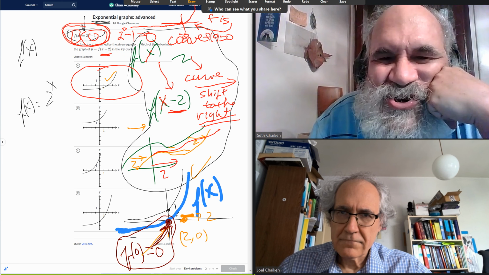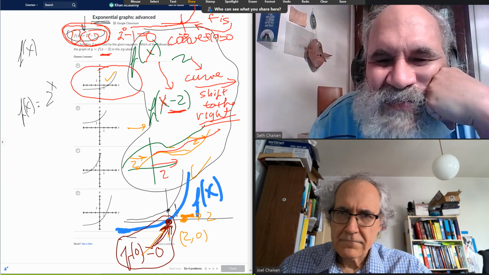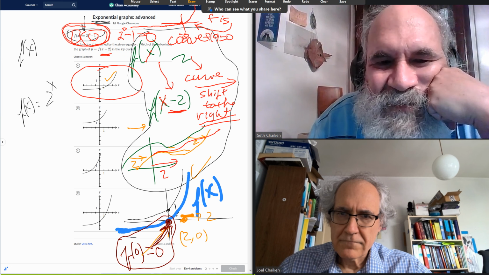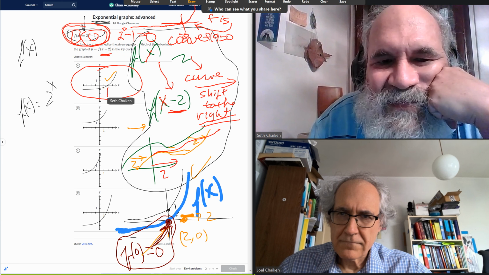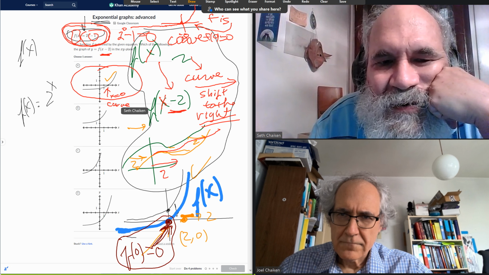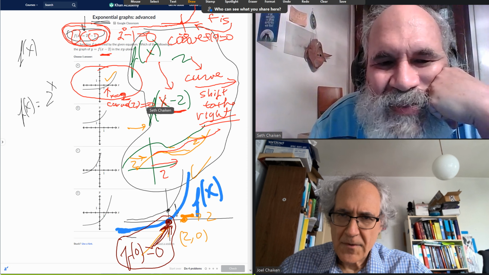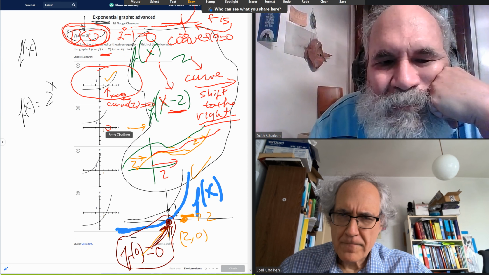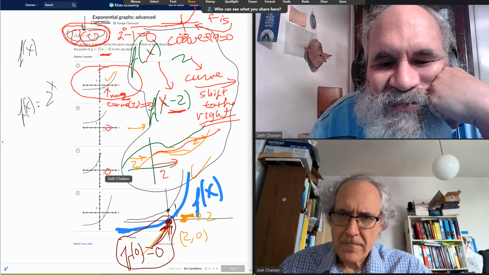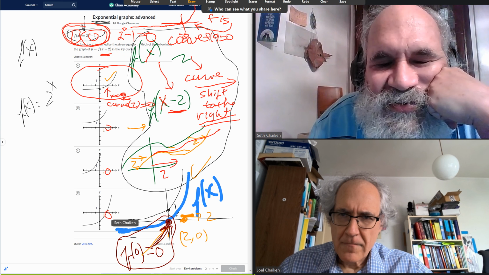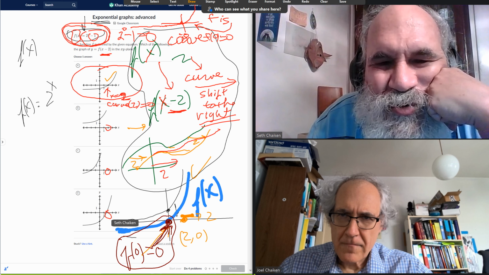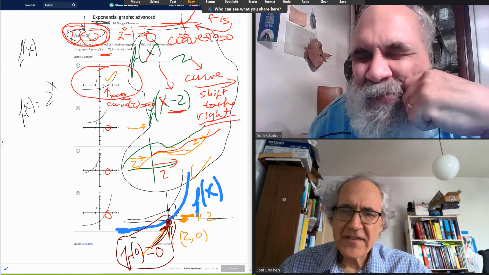So what I did was look for the one curve for which, when x equals 2, the curve equals 0. This is the only one which goes through the point x equals 2 and y equals 0.